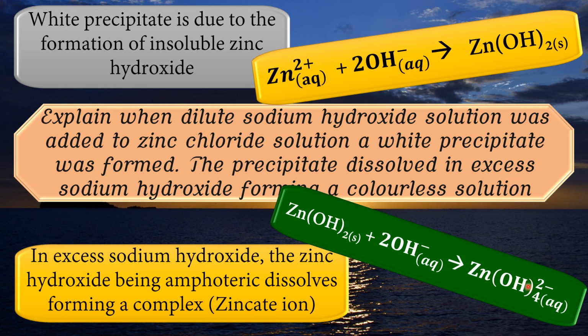And that colorless solution is our complex, which we call zincate ion. This is the formula of zincate ion, [Zn(OH)4]2-. It is aqueous, meaning that it is soluble. Zinc hydroxide is a solid, meaning that it is the precipitate. The colorless solution that we formed at the end is our zincate ion.